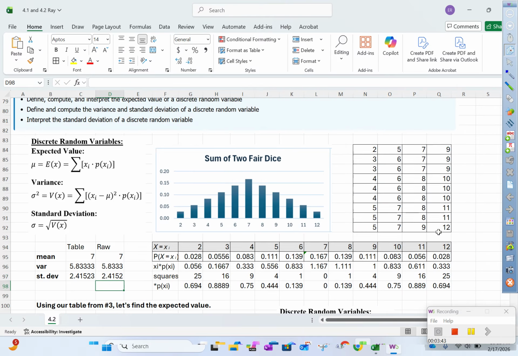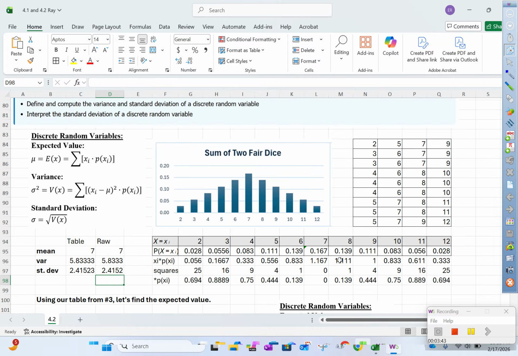Now, what I've done here, it looks messy, but I want to show you how these formulas work. It's going to be similar to the work we did with the group data. So here, when we were doing the group data before for mean, we took x times the frequency, and then we had to divide by the number. Well, remember, this p of x, this probability, is also like a relative frequency. So the total is already built in here.